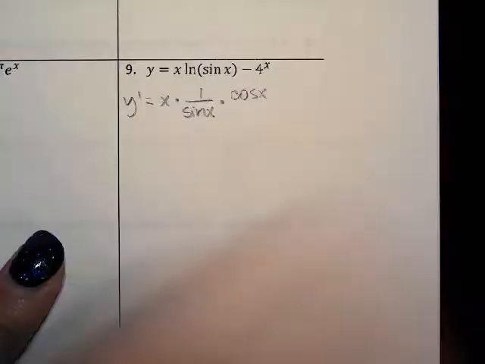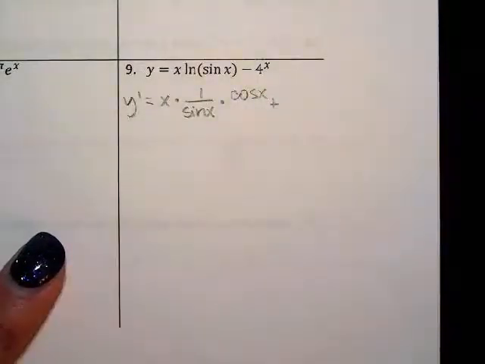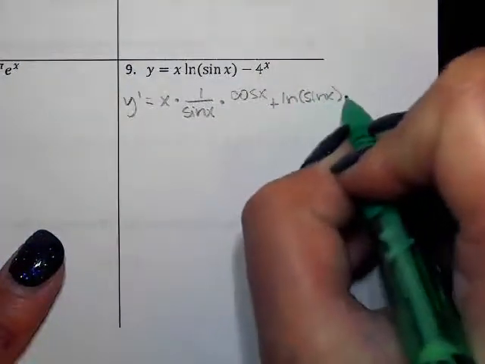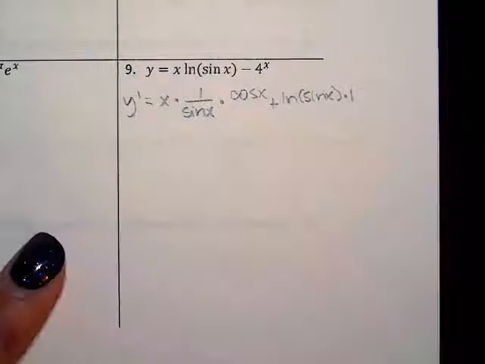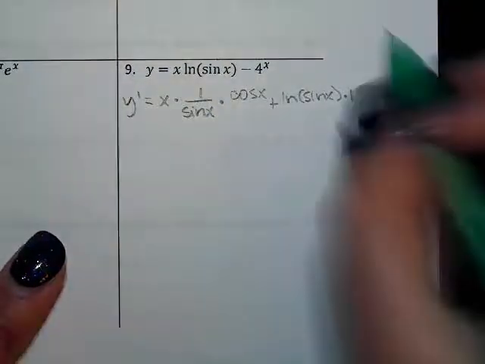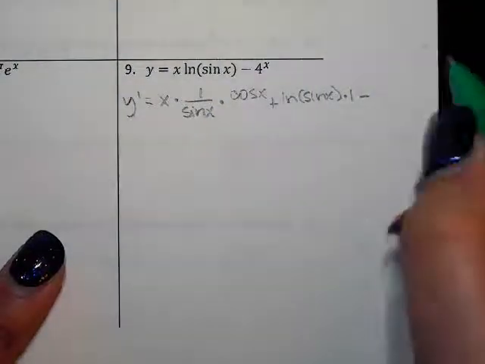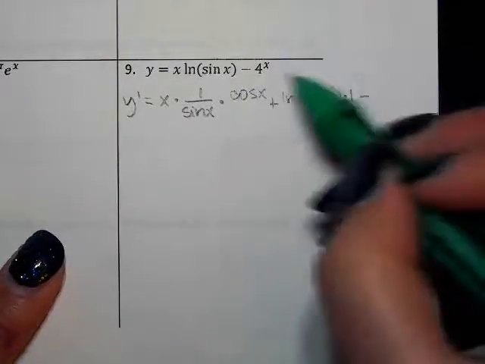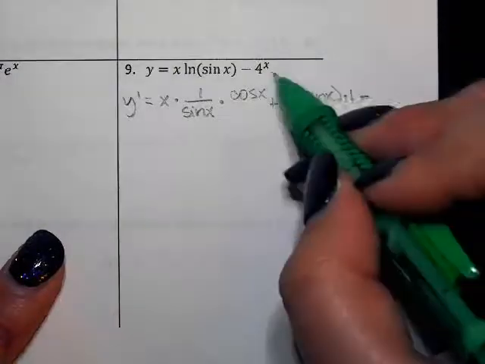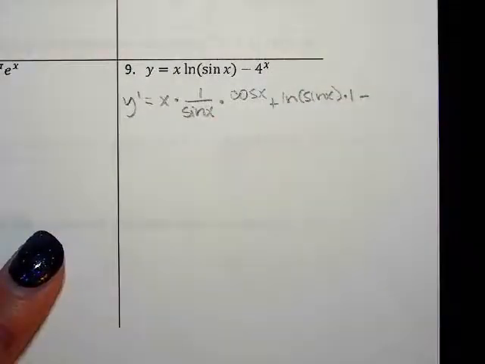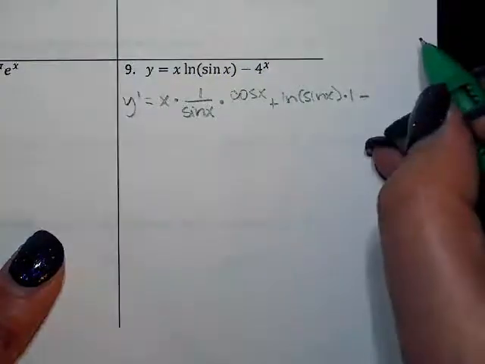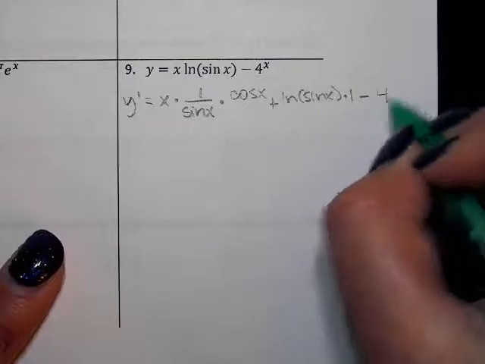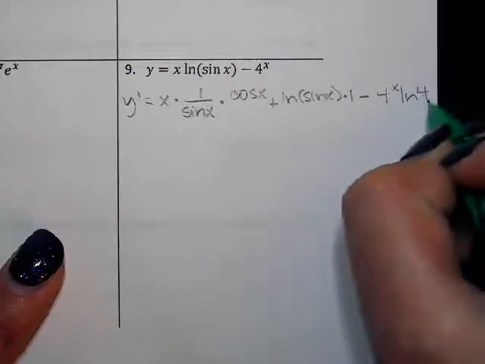Okay, plus the second times the derivative of the first, okay, minus what is the derivative of these again? Four to the x ln 4, yeah, okay. 4 to the x ln 4. Cool.